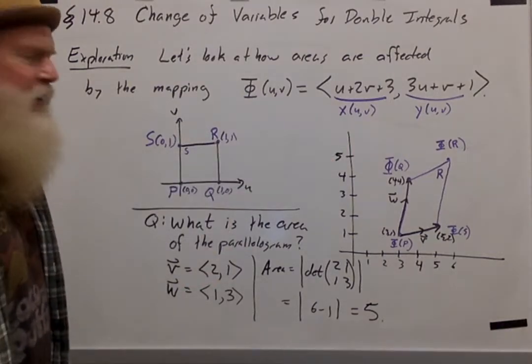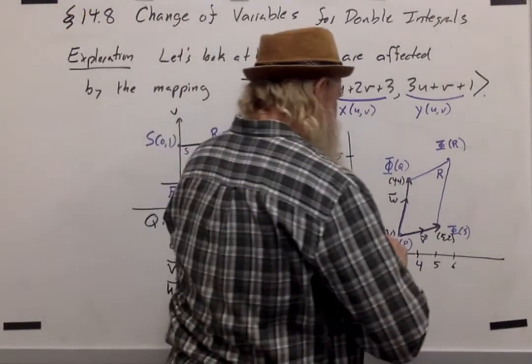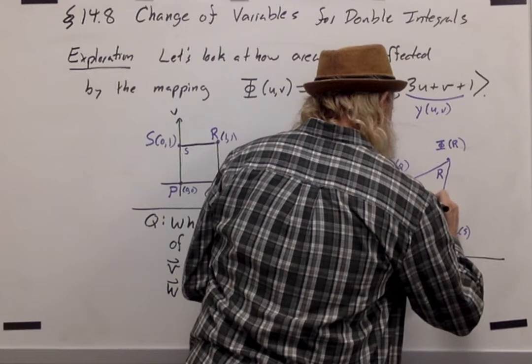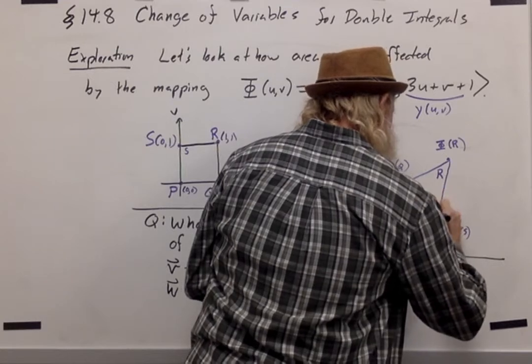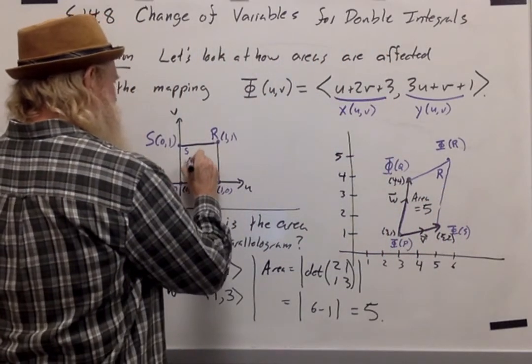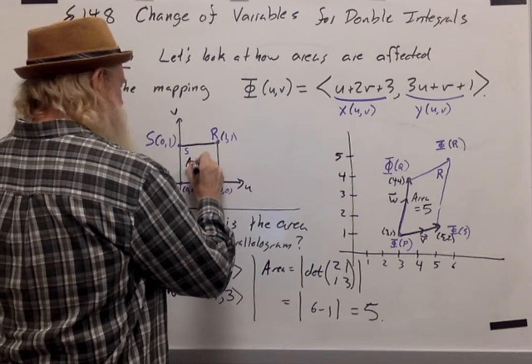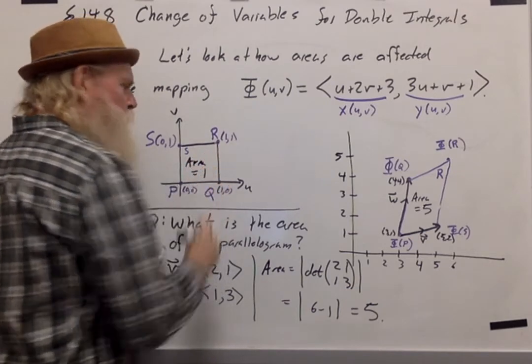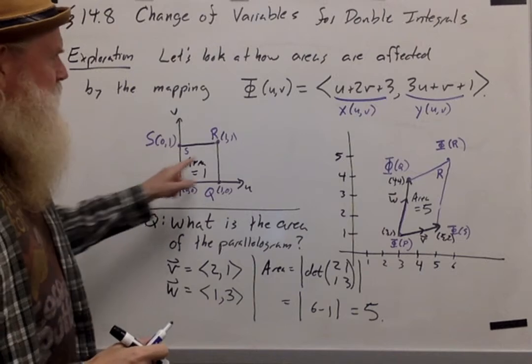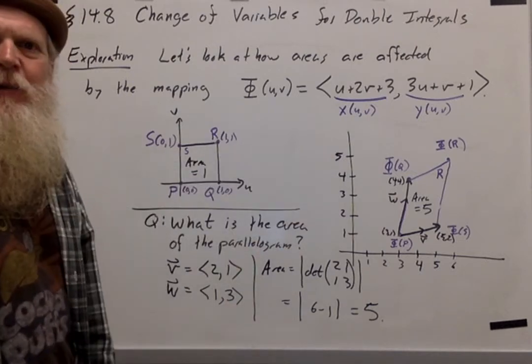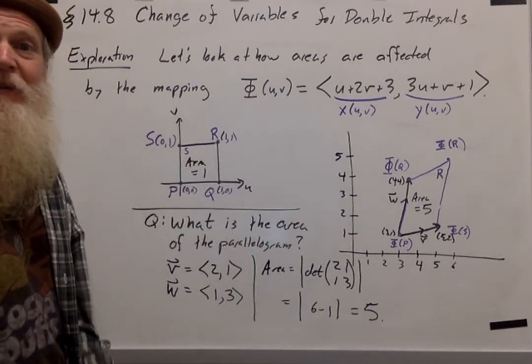So the area over here is 5, while the area over here is 1. So under this mapping, areas are multiplied by a factor of 5.